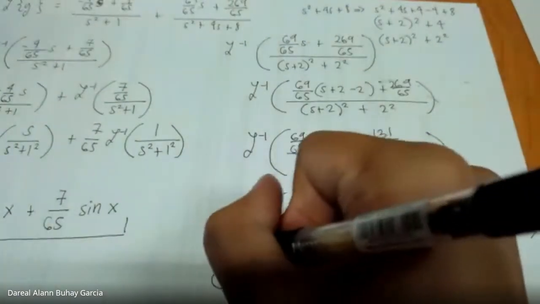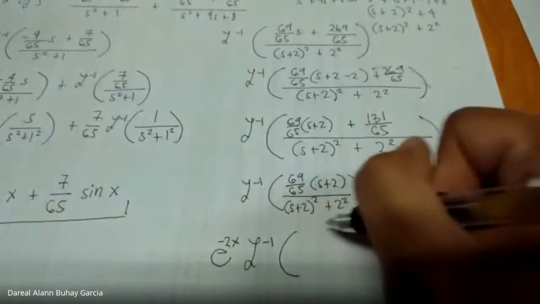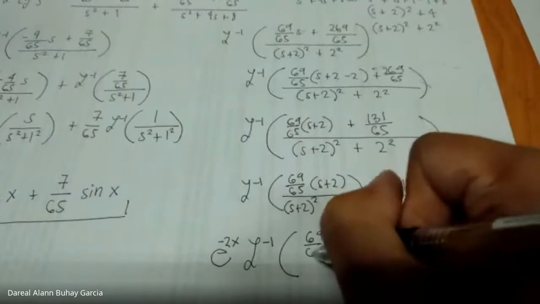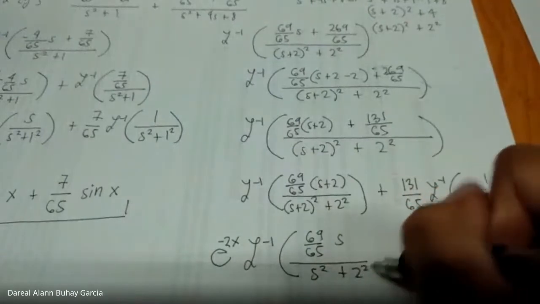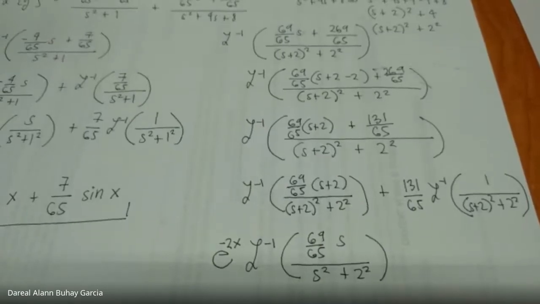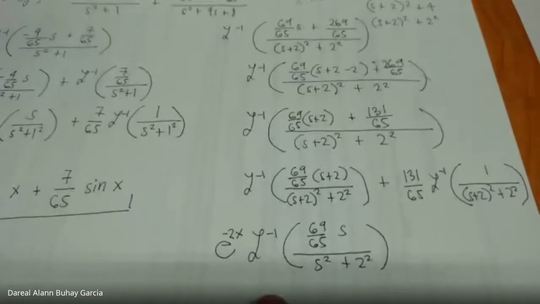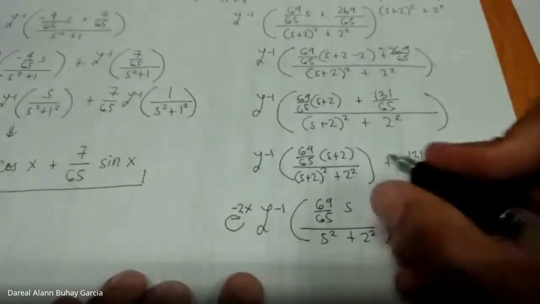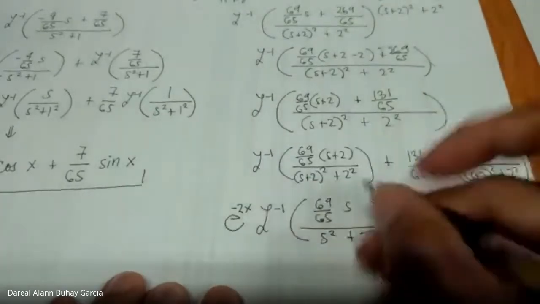So, negative 2x. The Laplace of 69 over 65 times s over s squared plus 2 squared. We still factor out 69 over 65, so we can get the inverse Laplace of this.